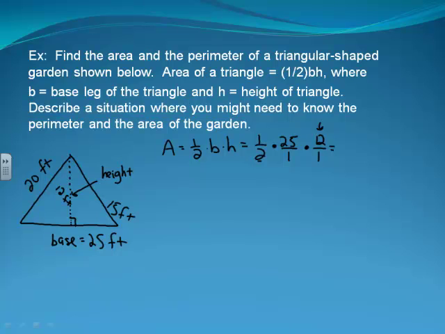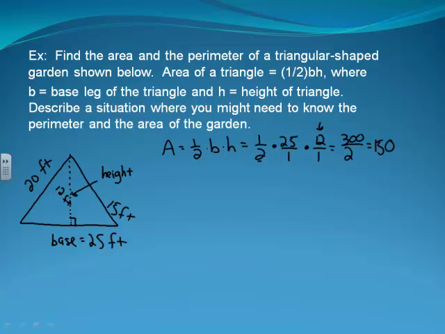So we've got up top, 25 times 12, which is 300. In our denominator, we've got 2 times 1 times 1, which is 2. And there, if you do your division, if you didn't cross-cancel, and I didn't, 300 divided by 2 is 150.